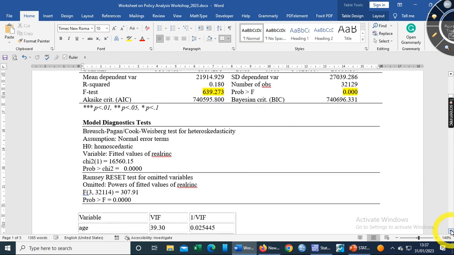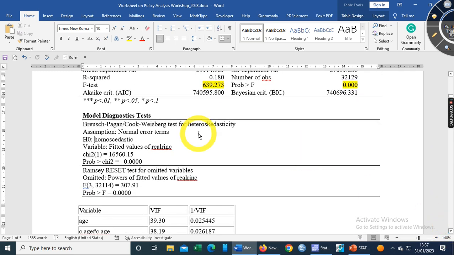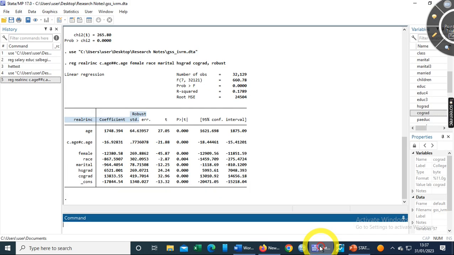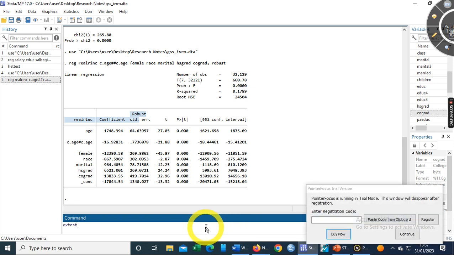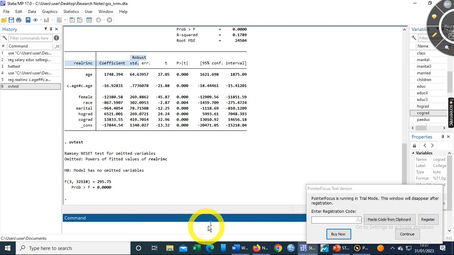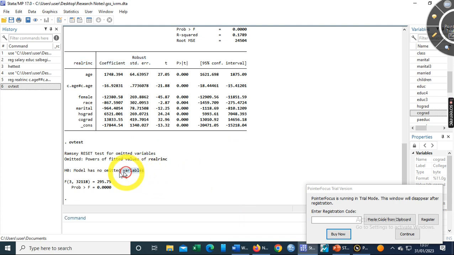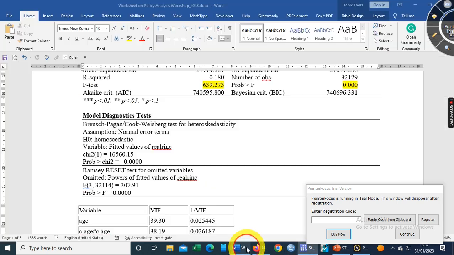So our model has a heteroscedasticity problem. Again, it has the OV test. The OV test enables you to conduct the Ramsey RESET test for omitted variable bias.